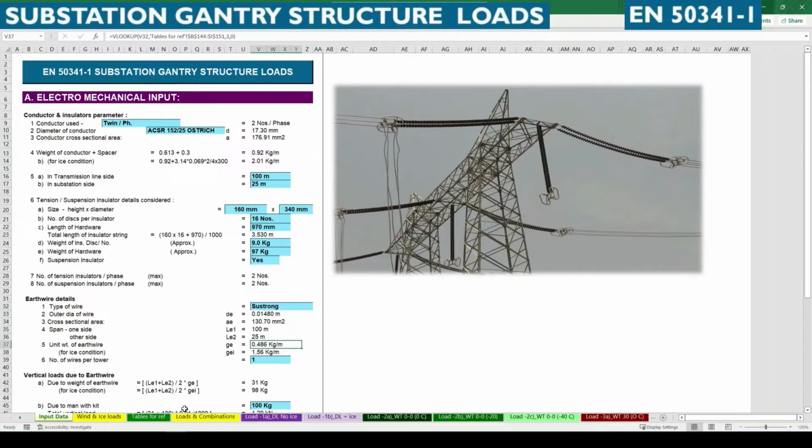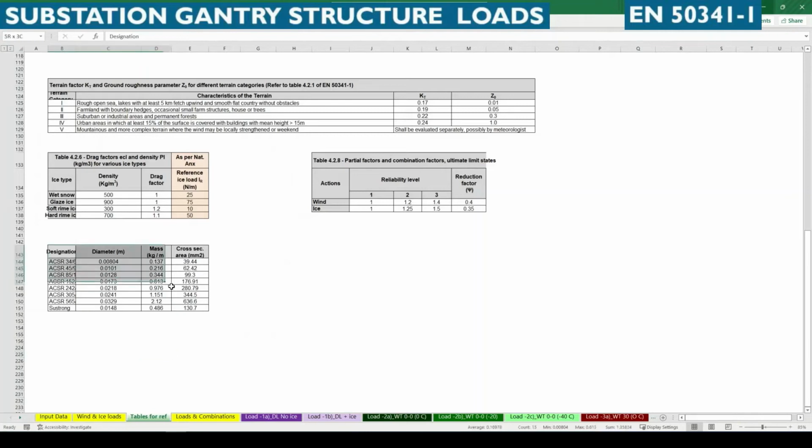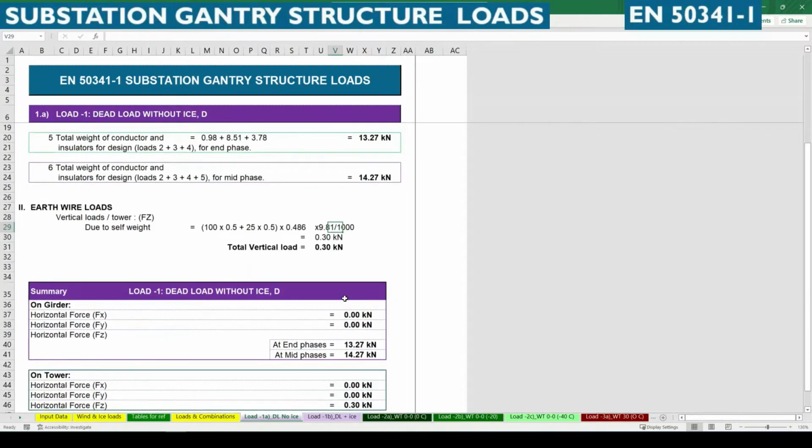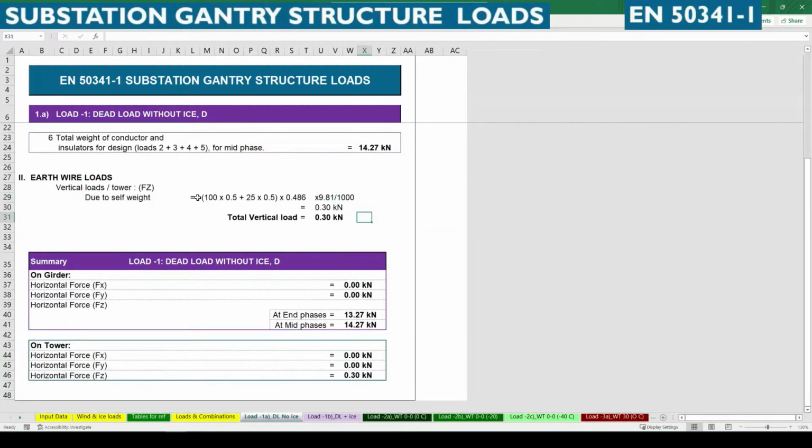For the earth wire it is 0.486 kilogram per meter, which we already have in this table. Multiplying the mass per meter by this span, we are getting 0.3 kilonewton.